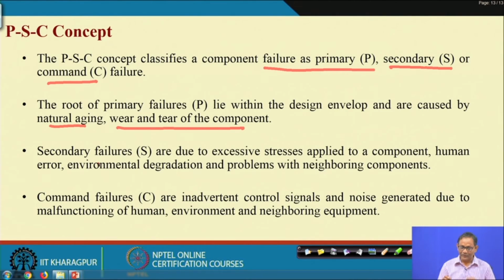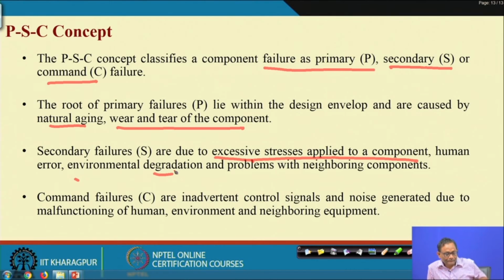Secondary failure, with reference to a component, is failure due to excessive stresses applied to the component, human error, environment and other things. So, it is not because of a design problem; it is because of overuse, meaning excessive stress on it.